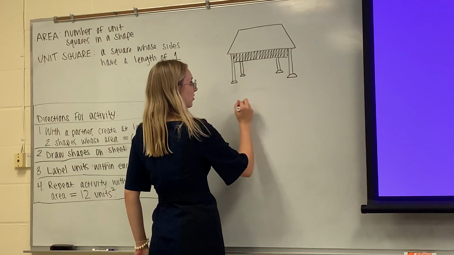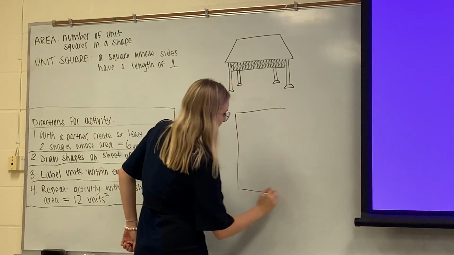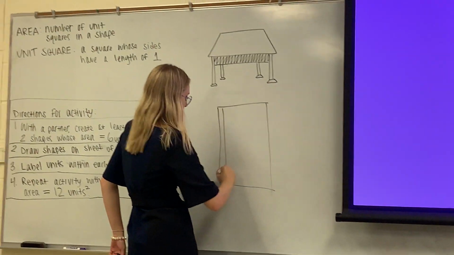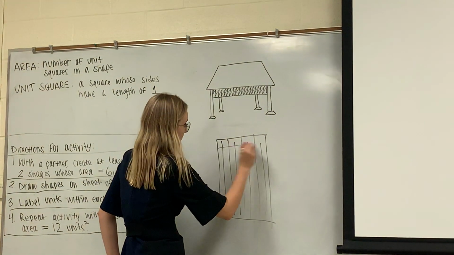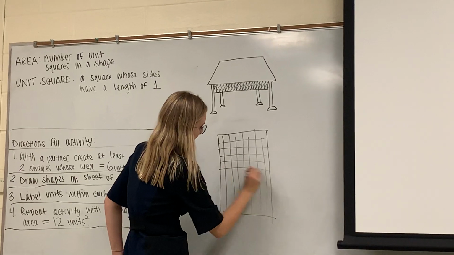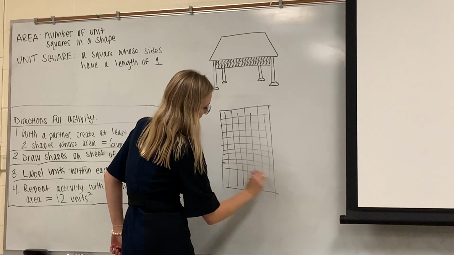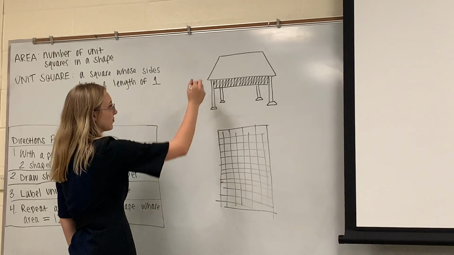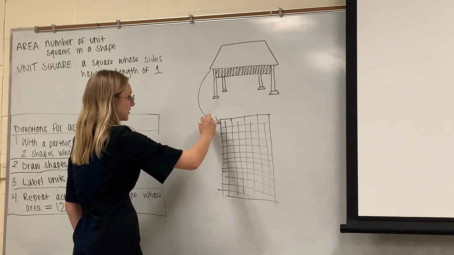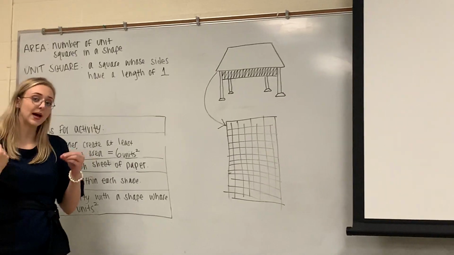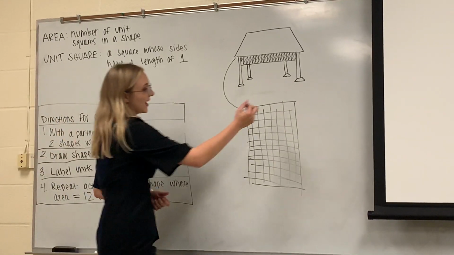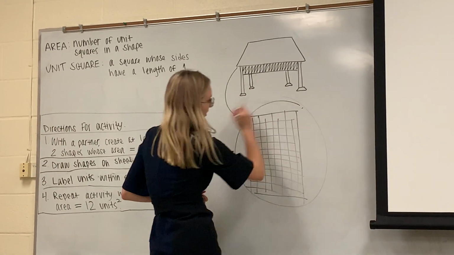So I'm going to draw out our basketball court. Each of these squares represents one desk. When we think about how many desks are within a basketball court, we're thinking about the area of the basketball court.